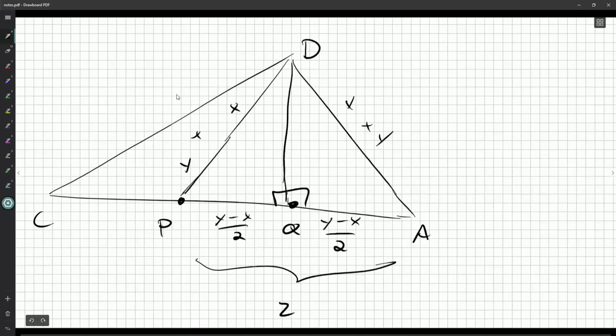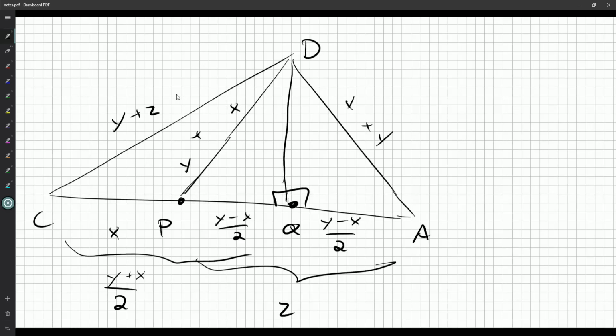So I guess we could get the height by using the Pythagorean theorem, maybe? We also have, this is y plus z over here. And this is x, so this distance here, x plus y minus x over 2, should be y plus x over 2, which incidentally is half a dp.